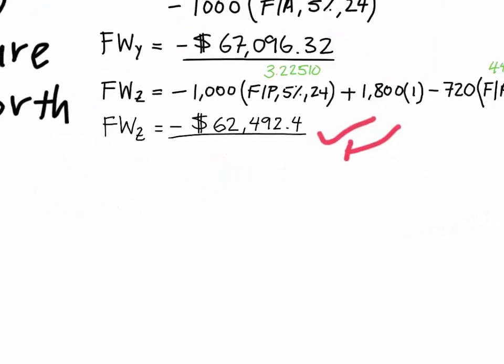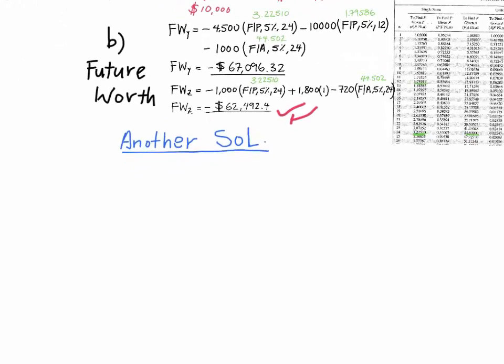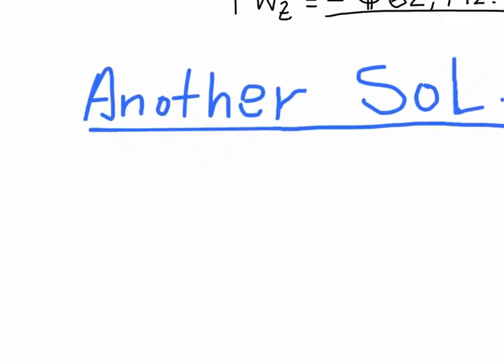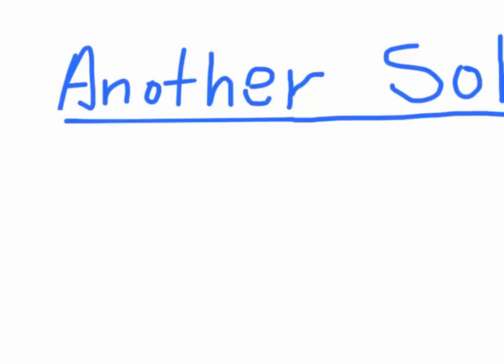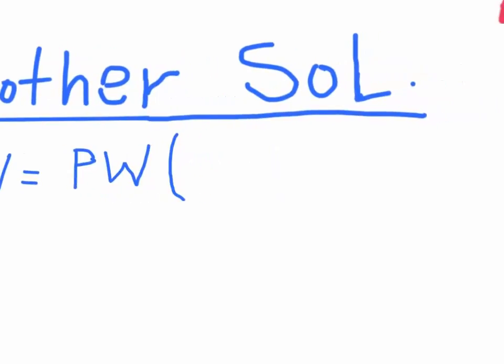So what I will do now is show you another way, and another solution here is mainly using that formula here. So the future worth equals the present worth multiplied by the factor.